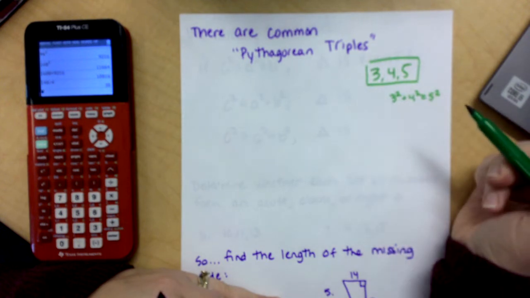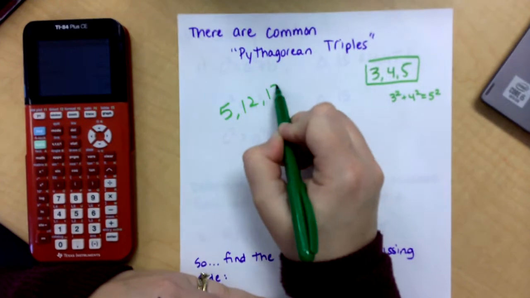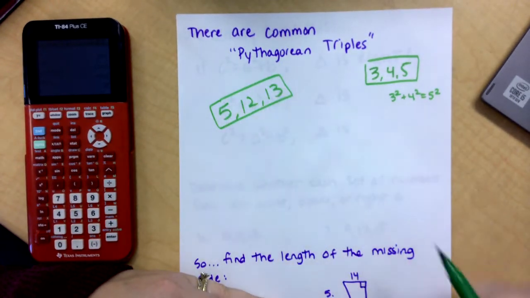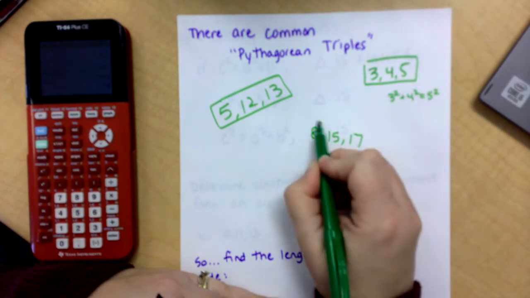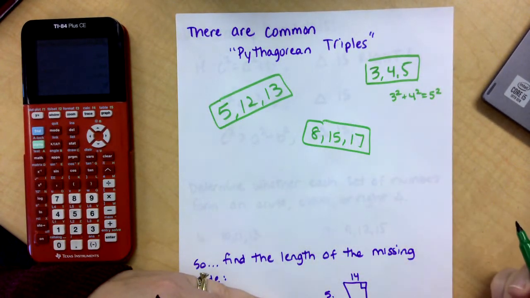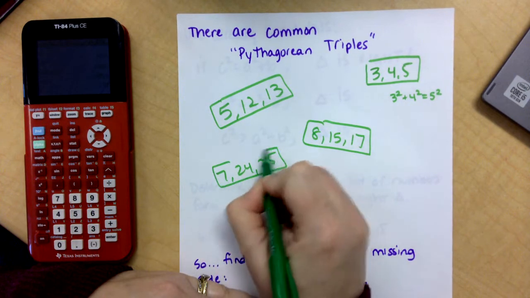So there's a common Pythagorean triple. 5, 12, 13 is another common Pythagorean triple. 8, 15, 17, a common triple. 7, 24, 25. There are others.